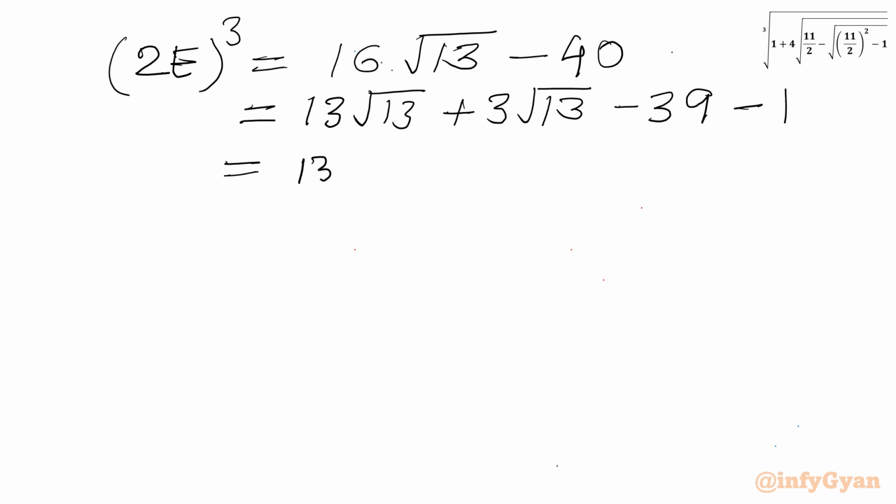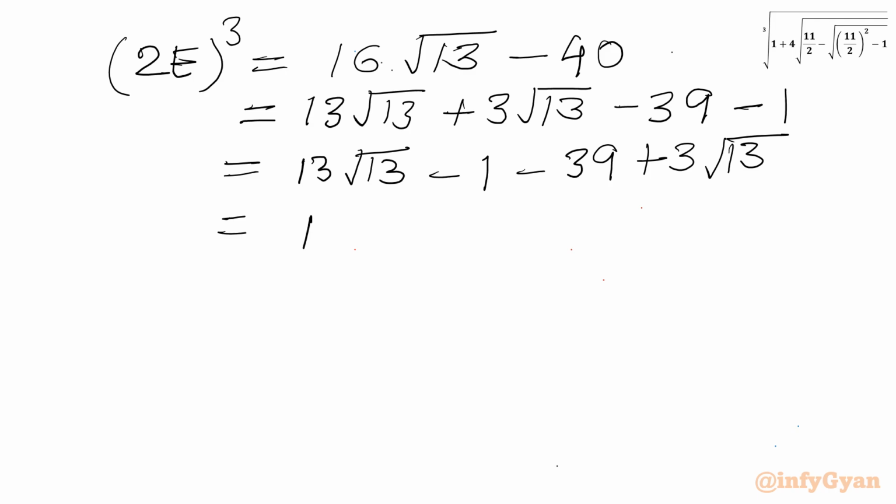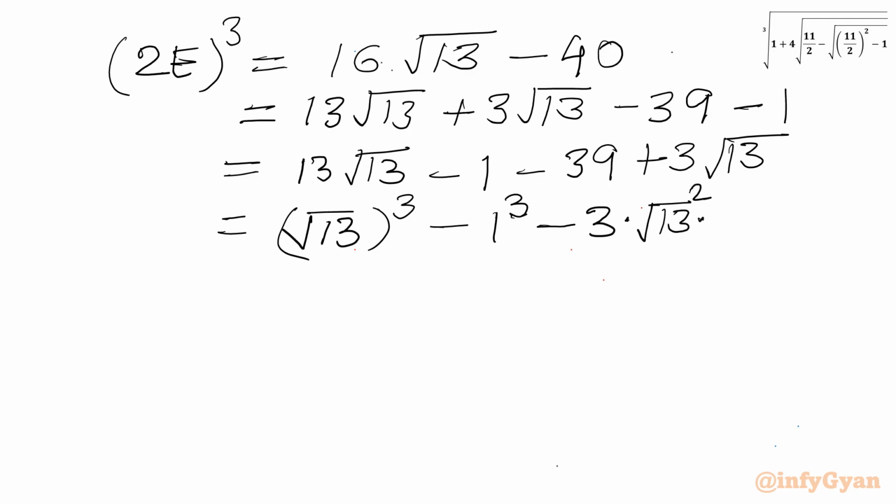I will write 13 root 13, then minus 1, then minus 39, then plus 3 root 13. So I can write 13 root 13 as root 13 whole cube. This one I will be writing 1 cube. Here it is 3 times root 13 square times 1, 3a square b, and here 3 times root 13 times 1 square.